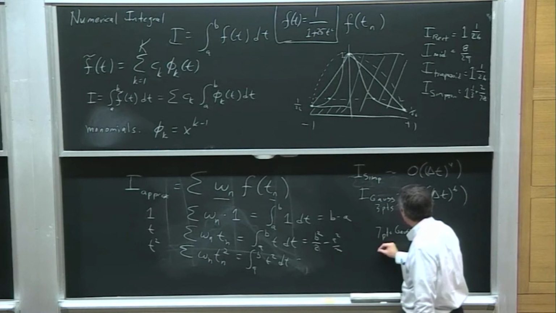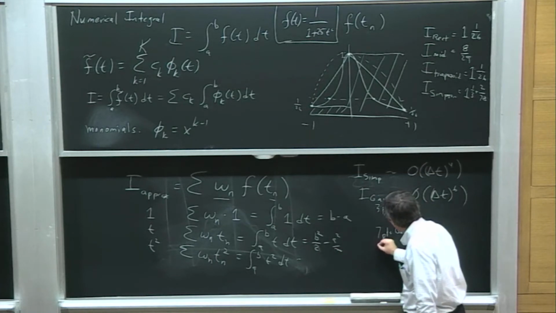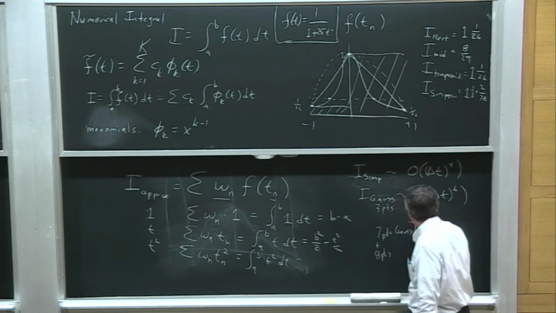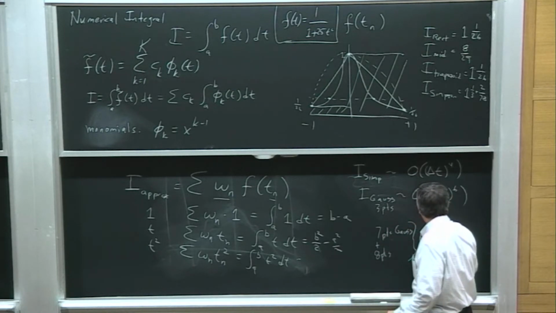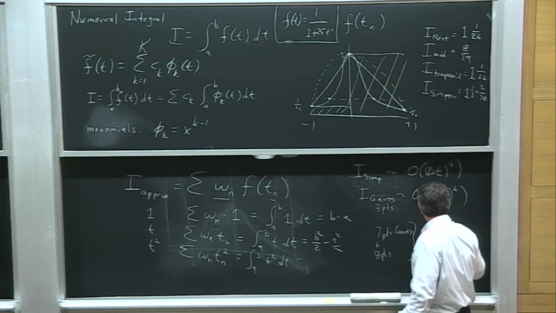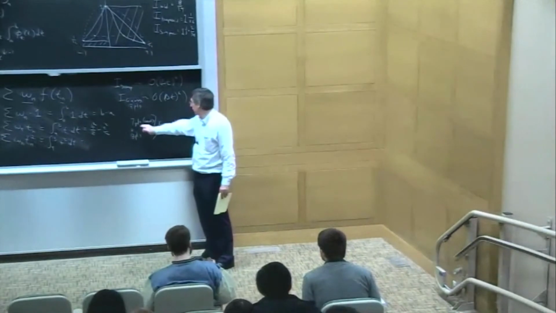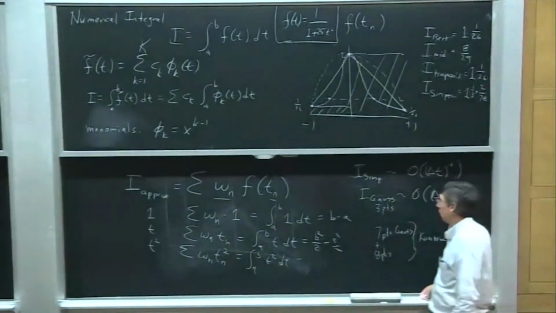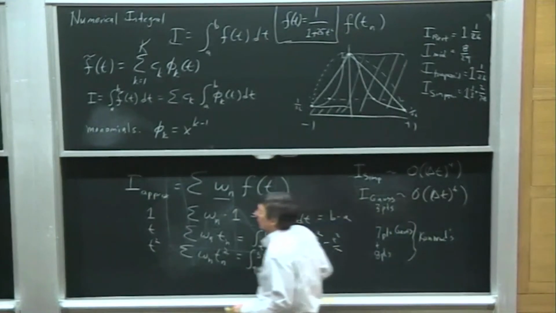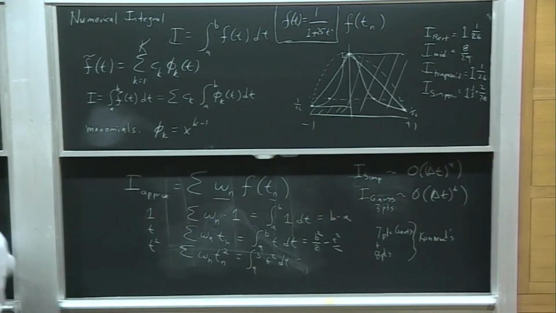And then what people often do is they'll add 8 more points, and they make another method that uses all these points. It's called Kronrod's method. He made another method that gives you the best possible solution if you have the 15 points, given that 7 of them are already fixed by the Gauss procedure.